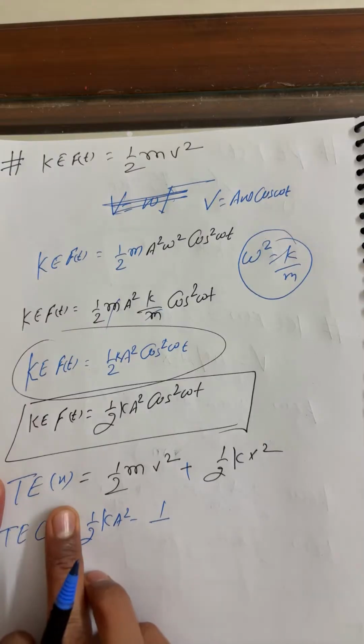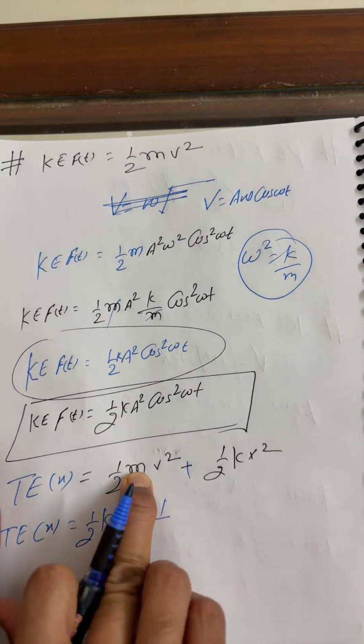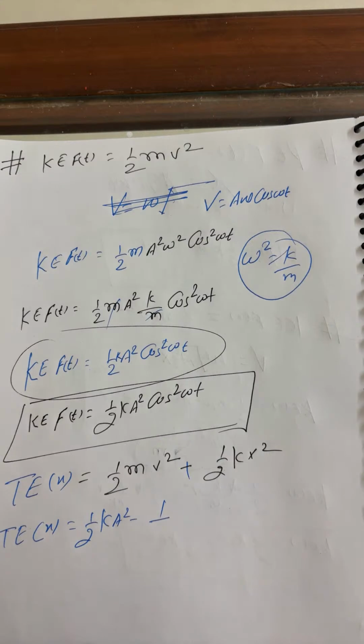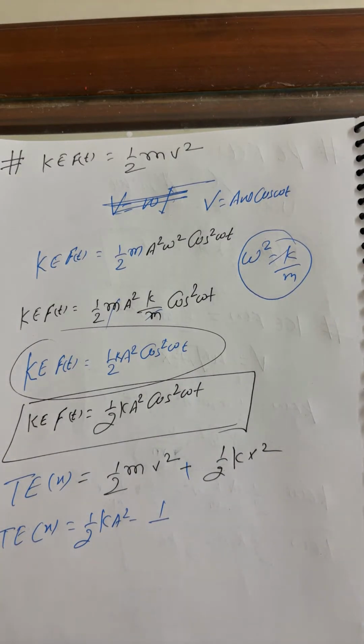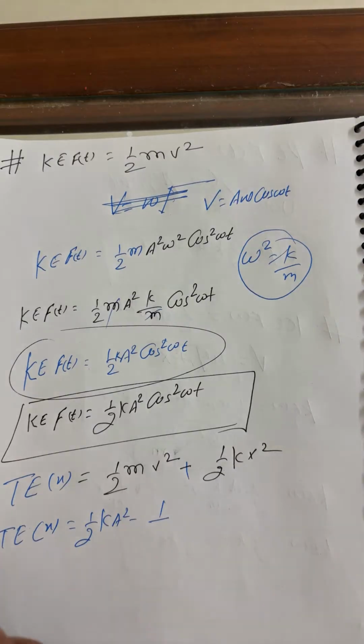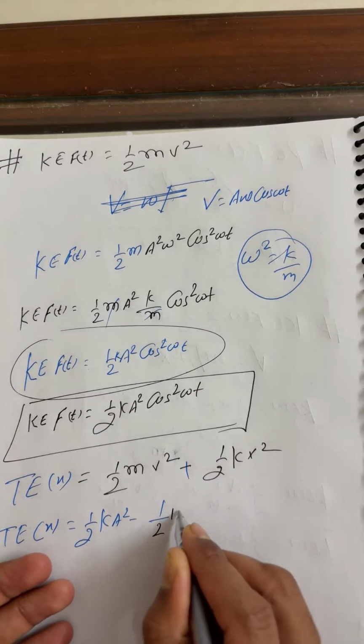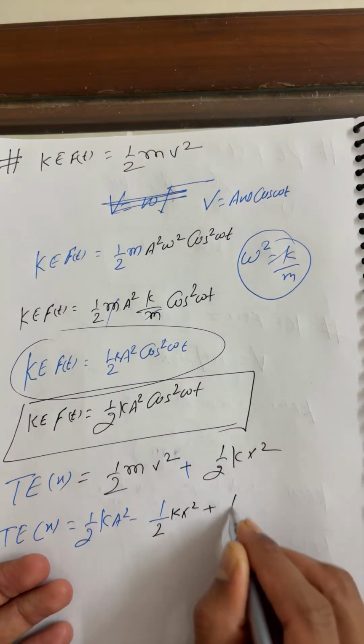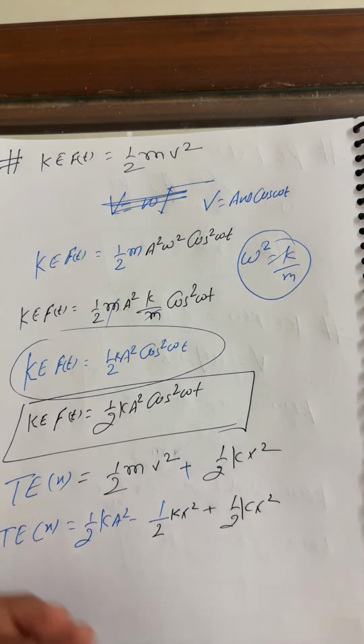So the total mechanical energy is what, my dear? The summation of kinetic energy plus potential energy. Again, I'm repeating, total energy is a summation of kinetic energy plus potential energy, right? So this is the kinetic energy, half of k a squared minus half of k x squared, plus half of k x squared.